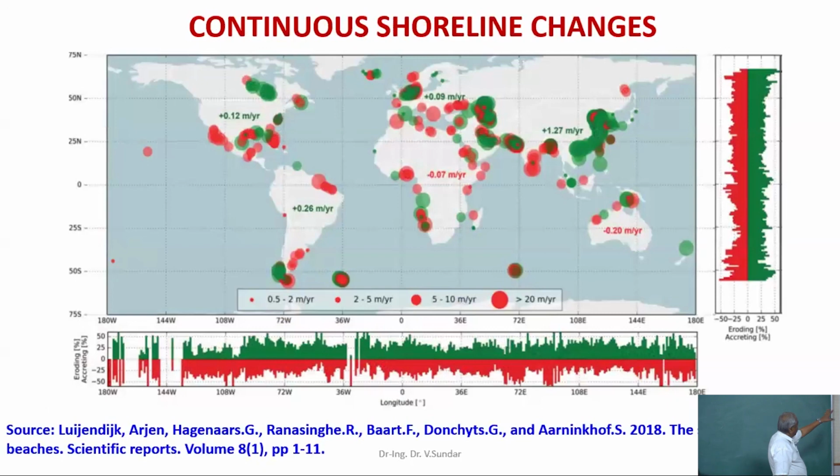When you look at continuous shoreline changes, this is what has been given to us, and over the globe you have erosion taking place all over. For example, in our case, India, particularly the east coast of India, is heavily eroding. Certain pockets are heavily eroding, and for example, the Chennai coast north of Chennai harbour was one of the most vulnerable.